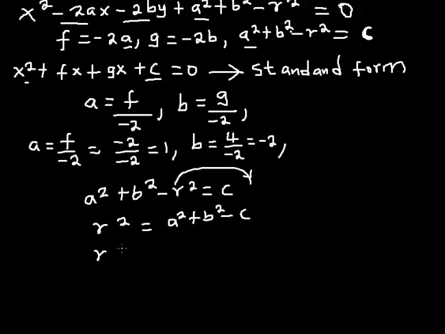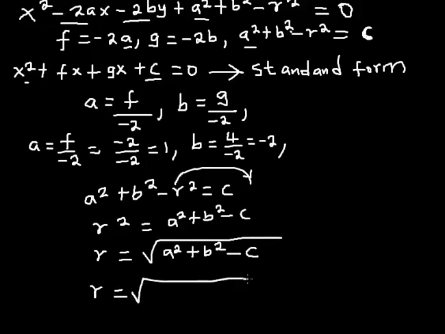So now that simply means that my r is going to be the square root of this. Please correct that: a squared plus b squared then minus c. So r now is going to be equal to the square root of a squared, which from what I have here is 1 squared, plus b squared.